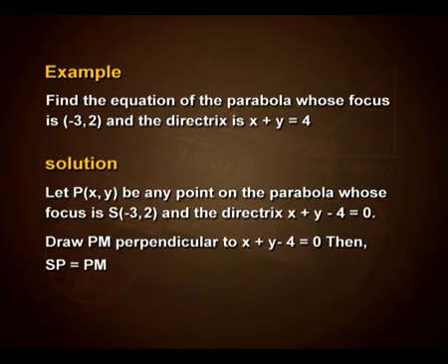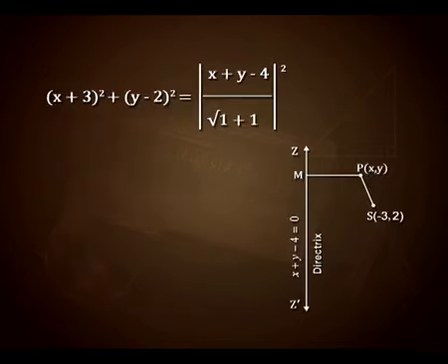On squaring both the sides, we get SP square is equal to PM square, which can be written as (x plus 3) whole square plus (y minus 2) whole square using distance formula, that is equal to absolute value of (x plus y minus 4) upon square root of (1 plus 1) whole square.